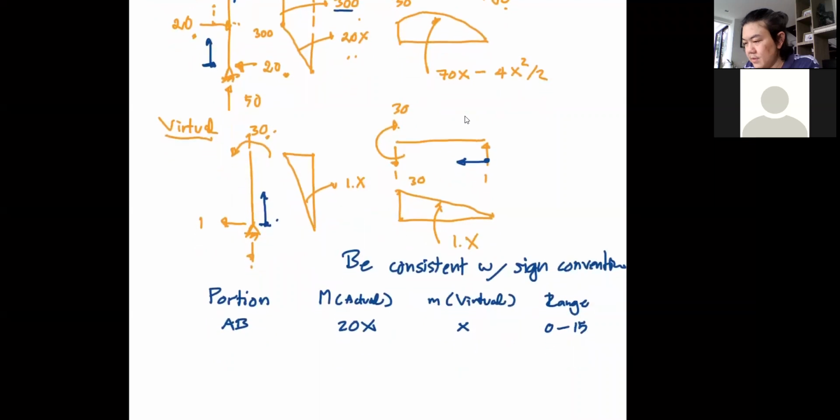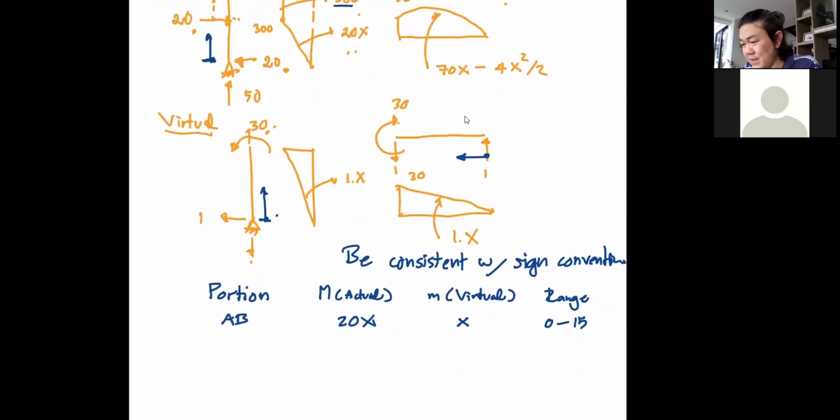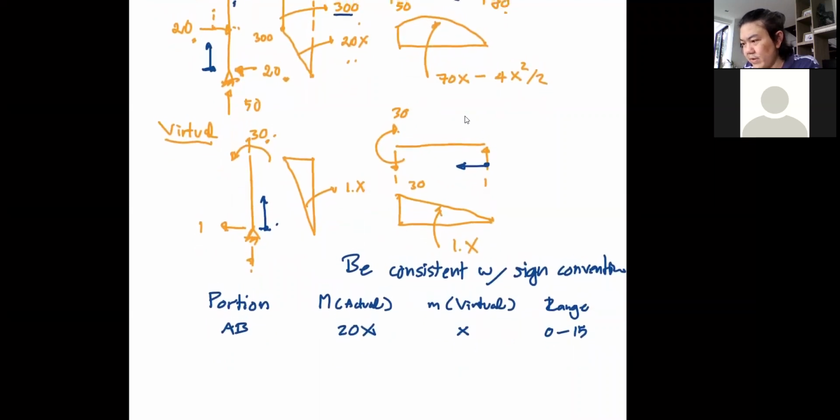Okay, the second portion, BC. You can see that the moment for the actual case becomes constant. So it's 300, which is true regardless of any distance. So that will free us to use the same equation here.